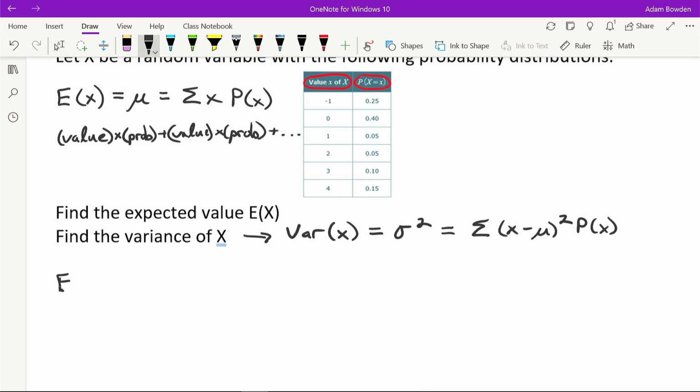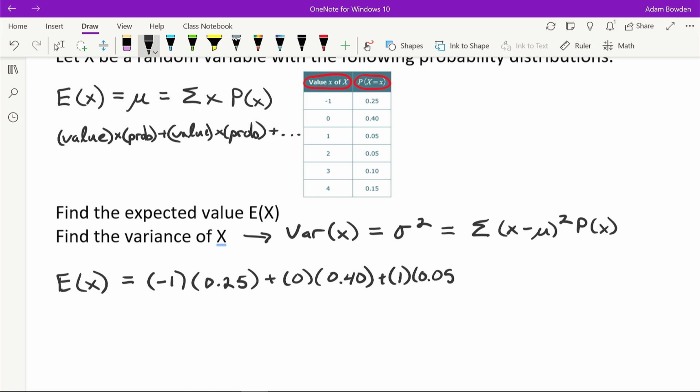Starting with expected value, I'm just going to take each value times the probability, so -1 times 0.25, added with 0 times 0.40, plus 1 times 0.05, plus 2 times 0.05, plus 3 times 0.10, plus 4 times 0.15.